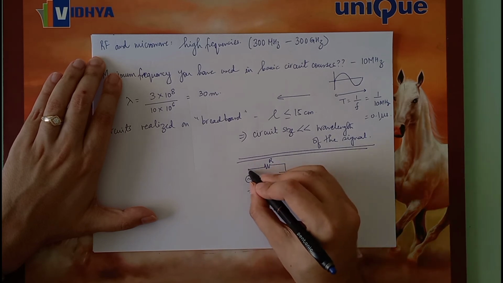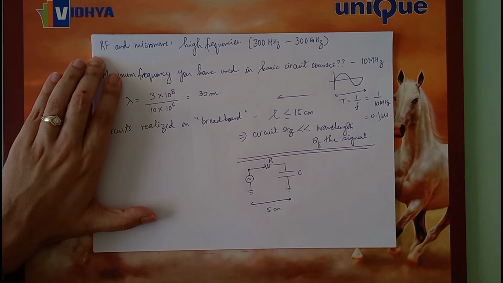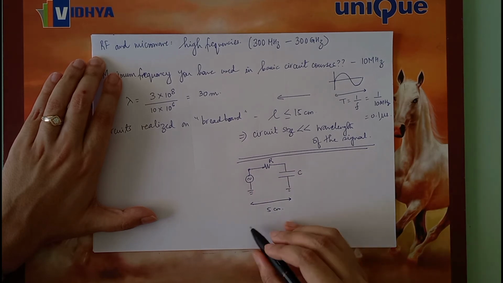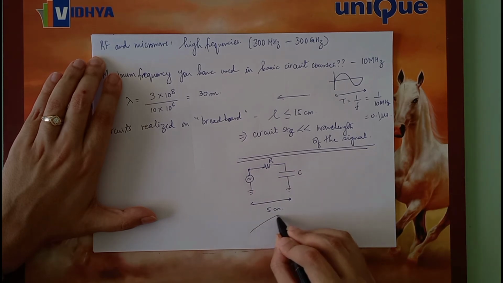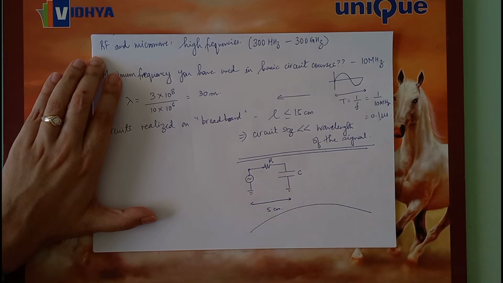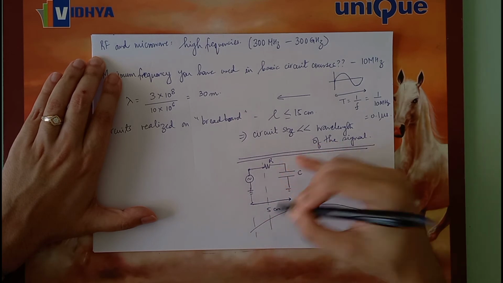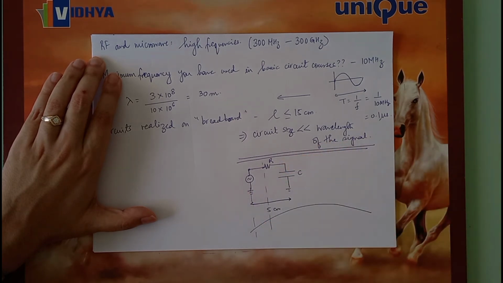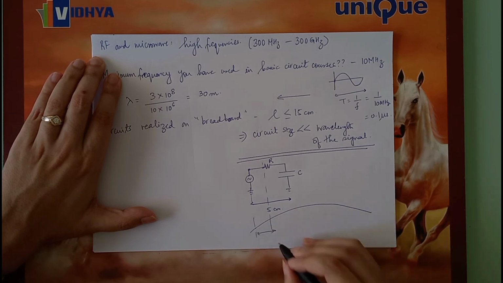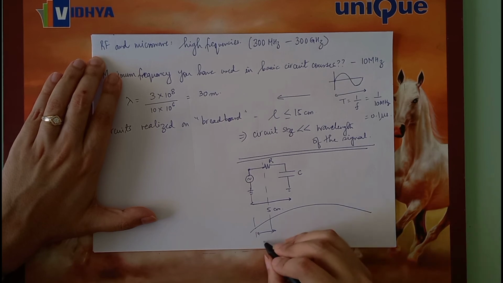But I can say that between these 2 points, the voltage will be exactly the same. Why? Because the sine wave will be huge as compared to the size of the circuit. So therefore, since this distance is very small as compared to the wavelength of the wave, I can say for all practical purposes that in this region there is negligible change in the voltage.